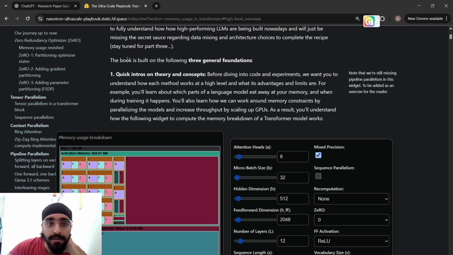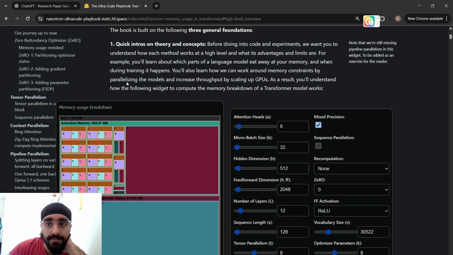Okay. The book is built on three general foundations. Quick intro.